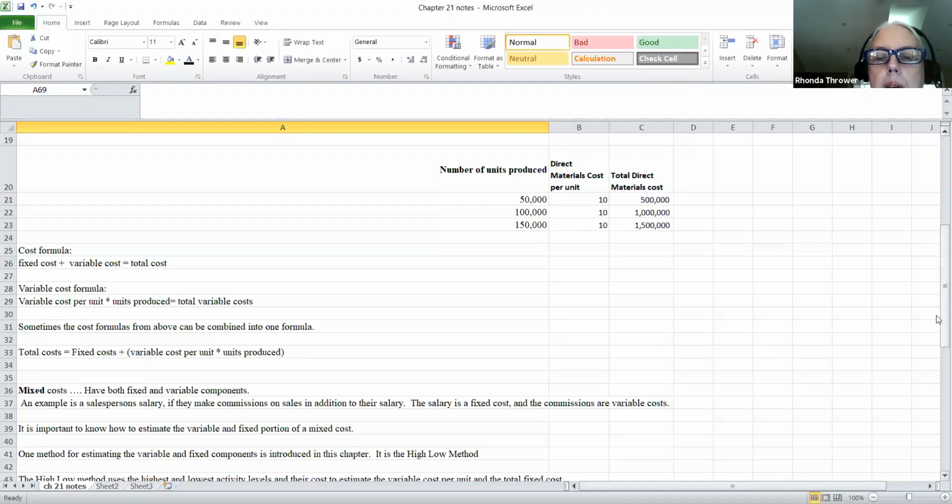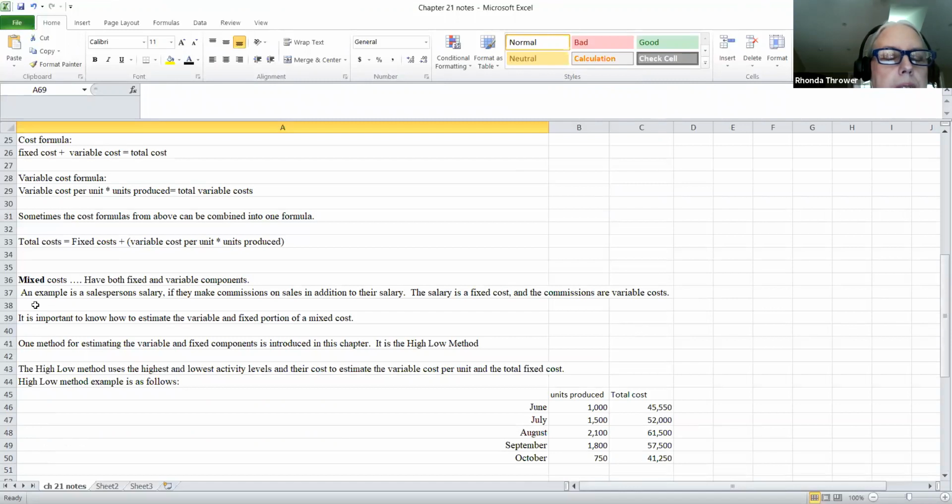Another term that we need to learn in this chapter is what we call mixed cost. A mixed cost has both fixed cost and variable cost in it. An example of a mixed cost would be a salesperson's salary if they make commissions in addition to their salary amount.